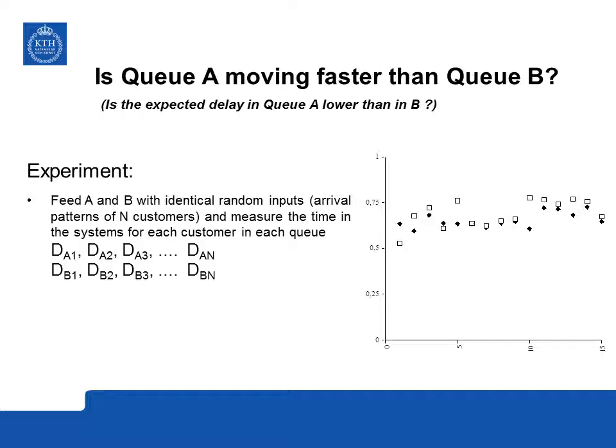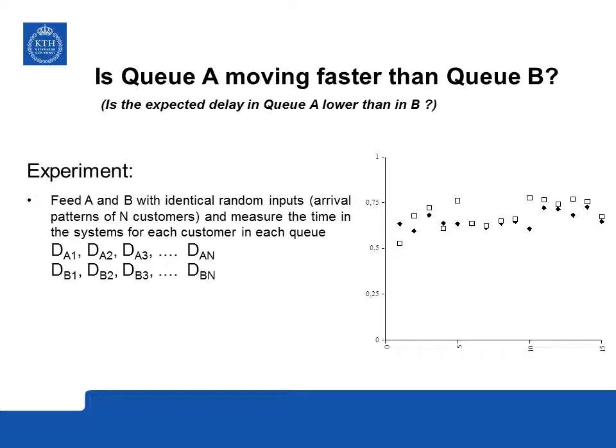The inputs are the arrival patterns of the end customers, and then we observe the delays for the two queues, and we get data like in the plot on the right hand side, where the squares and the black dots represent the delays for QA and QB.